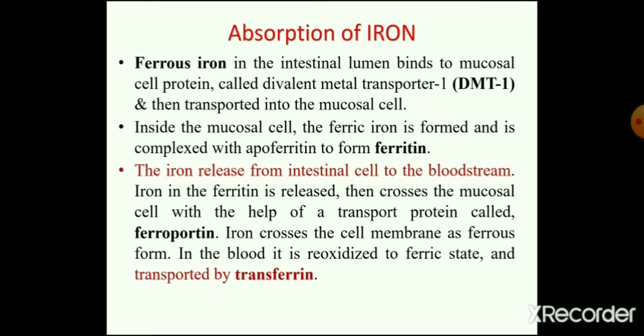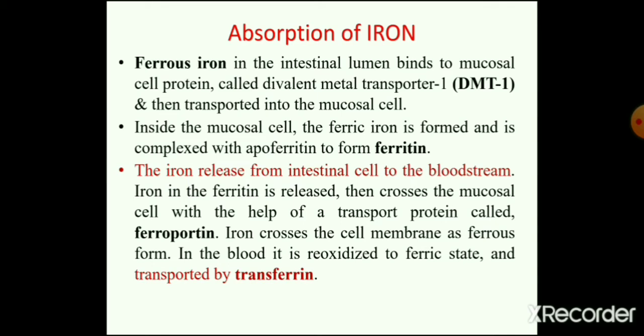The release of iron from the intestinal cell to the bloodstream is a separate method. The iron in the ferric form is released. Then it crosses the mucosal cell with the help of the transporter protein called ferroportin, and the iron crosses the cell membrane in the ferrous form. So again, from the ferritin, iron is released, which is in the ferric form. It is converted to ferrous, and then it is released through the ferroportin to the bloodstream.